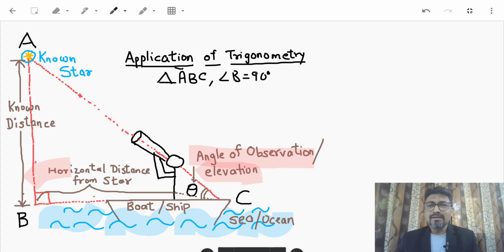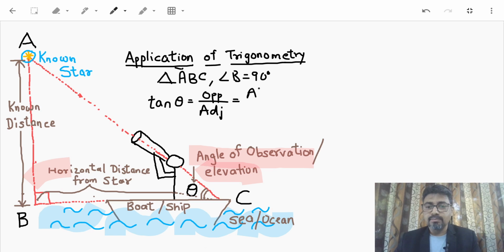We have learned the third ratio of trigonometry, that is tan theta. What was the definition of tan? The definition of tan was opposite side upon adjacent side. So we have the opposite side as AB. In this triangle, AC is the hypotenuse, which cannot be the adjacent side.